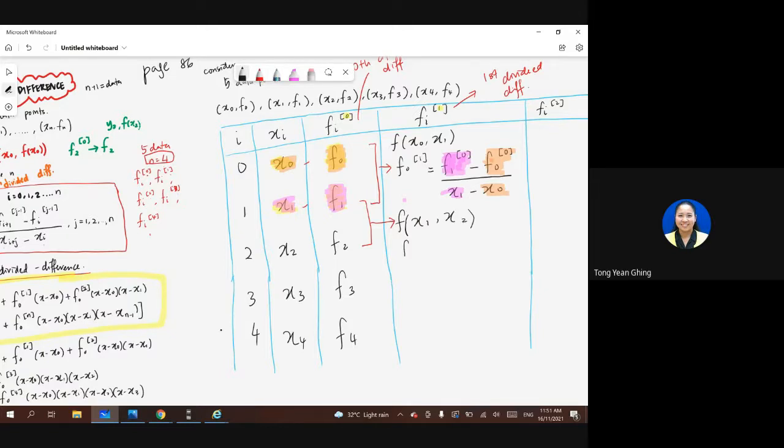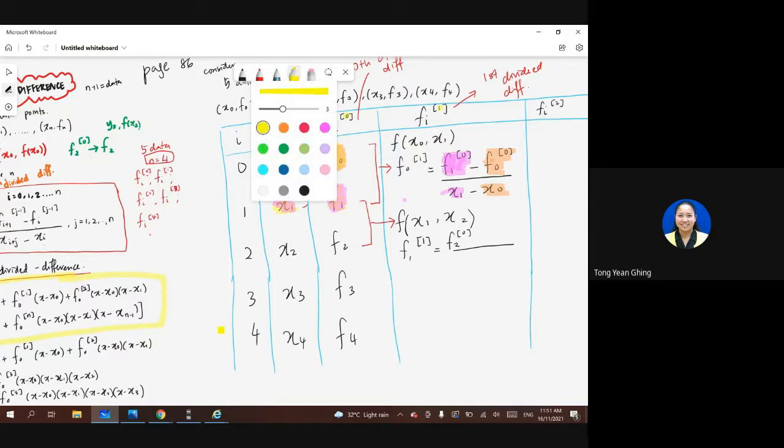So f1 is equal to, ini agak-agaknya apa? Become f what? Agaknya this is f2, this one. Sekejap, boleh faham tak? Saya akan nilai ambil ni adalah this one.